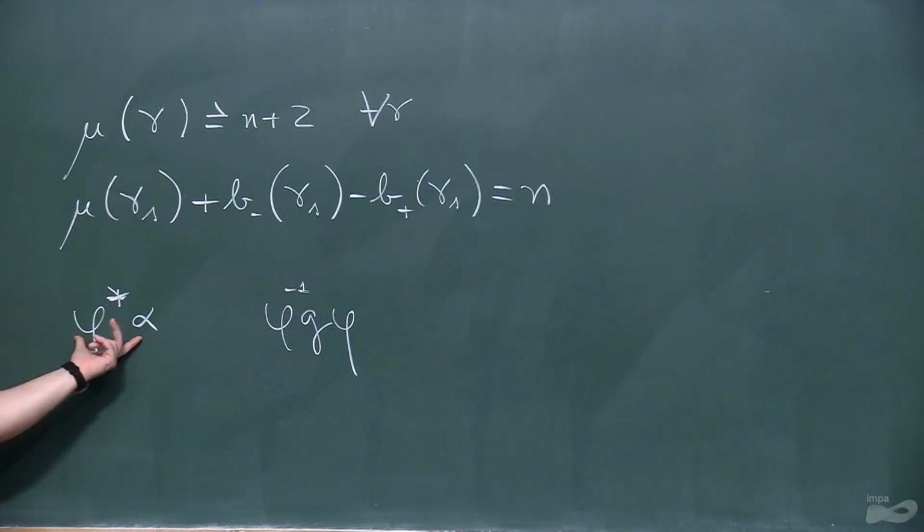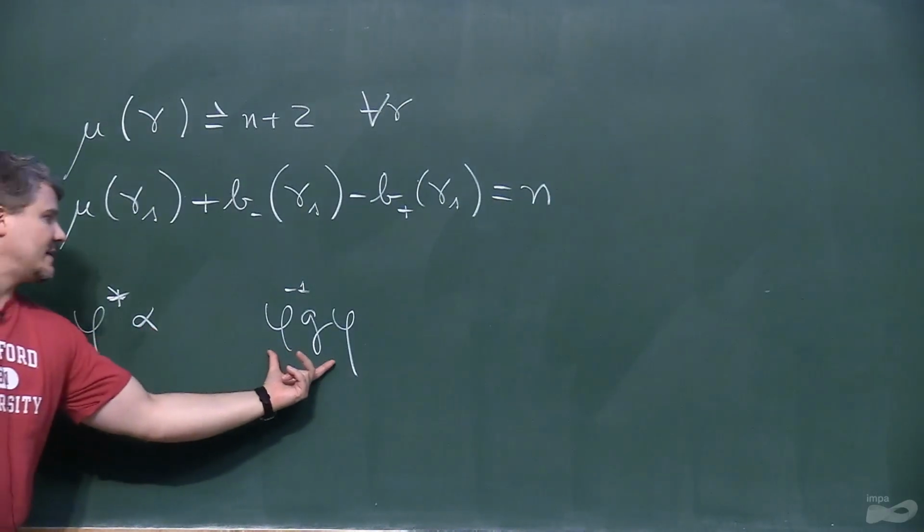So if you assume that this guy is convex, it's invariant by the conjugated action.